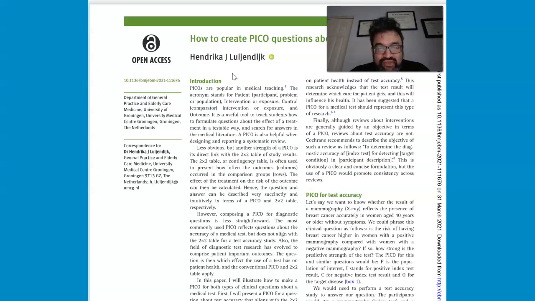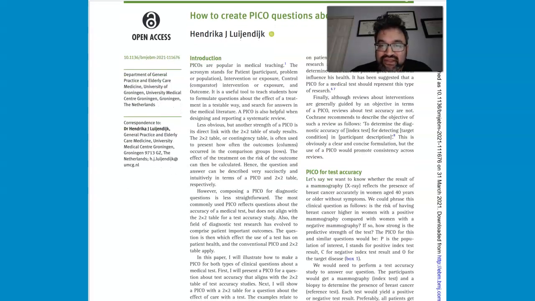And I've lectured on PICO in many different places, but felt like it needed to be explained again. And Cochrane actually recommends to describe the objective of the PICO intervention reviews as to determine the diagnostic accuracy of the index test for detecting target condition in participant description.